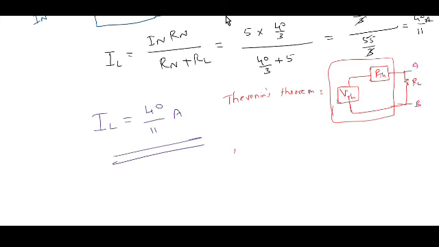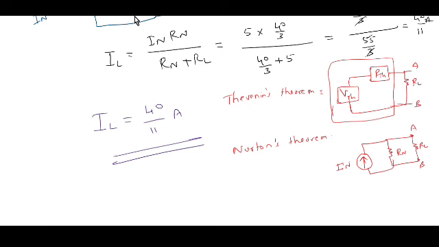In the case of Norton's theorem, a single current source was connected in parallel with a Norton resistance. This was the Norton current, and this was our load resistance RL. Only this is the difference.